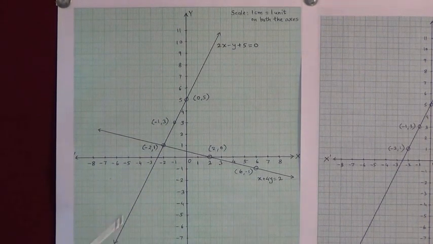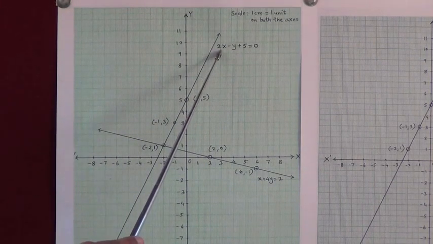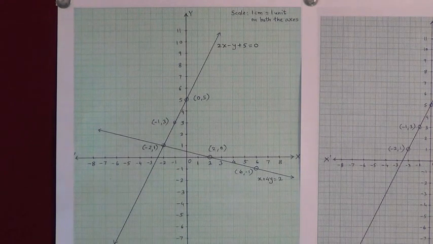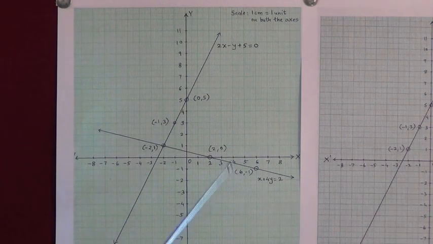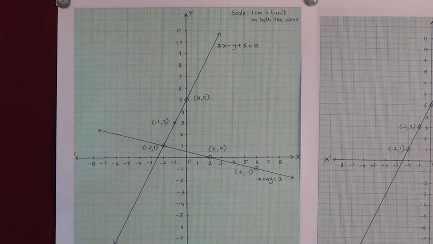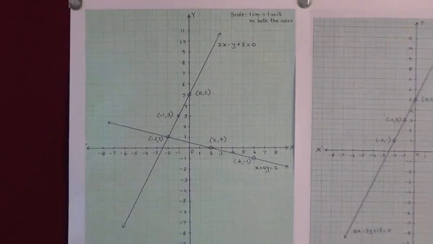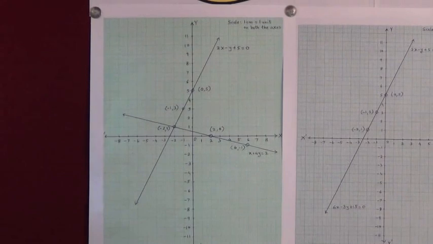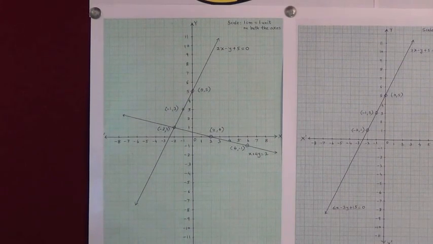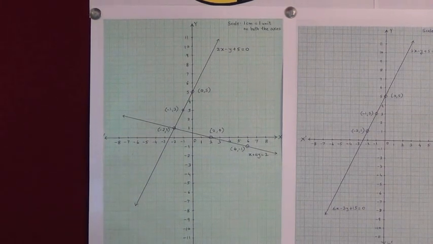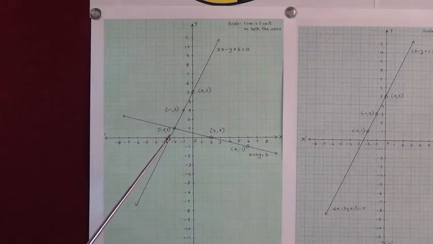If you express 2x minus y plus 5 is equal to 0 in general form, and the equation x plus 4y is equal to 2, which is already in the general form, and find the values of a1, b1, c1, a2, b2 and c2, you will find in this case that a1 upon a2 is not equal to b1 upon b2. In this case, you will find that there is a unique solution.